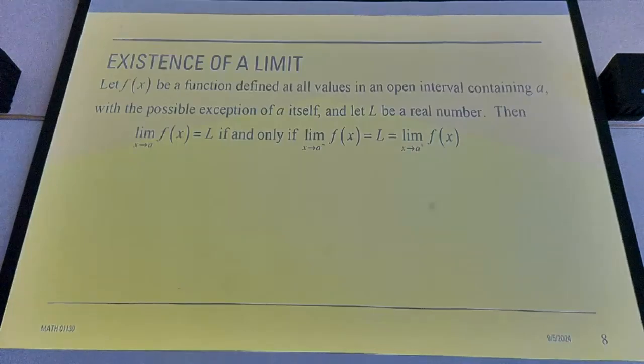If your function behaves differently on either side of A, then clearly it's not really converging to one value.